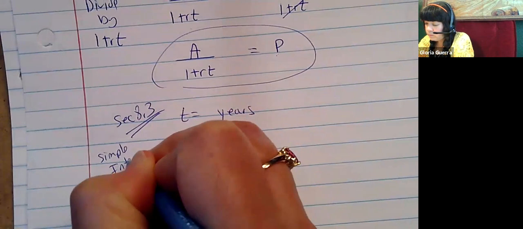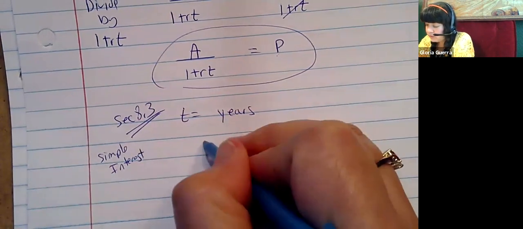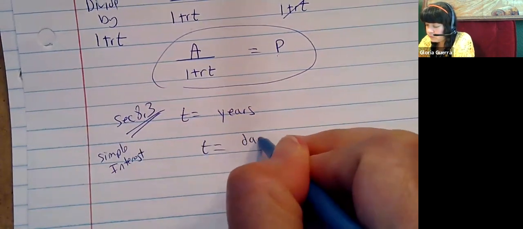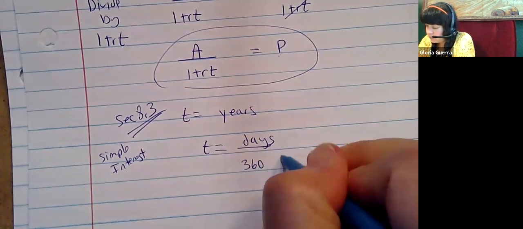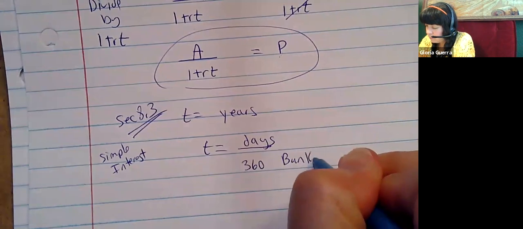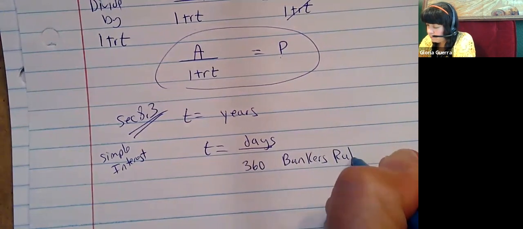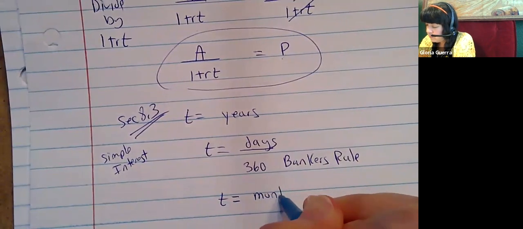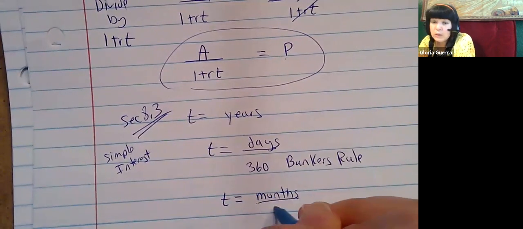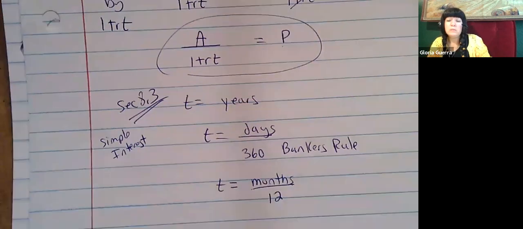But time could also be days. The number of days over 360, and they use the banker's rule. And time could also be in months over 12.